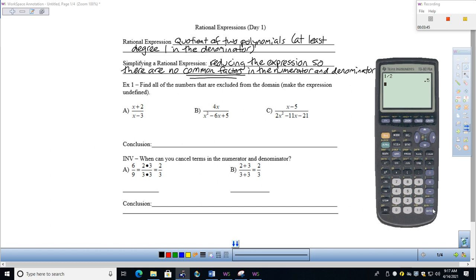The issue arises when I start to incorporate the number 0 in a very specific spot. So if I have 0 in the numerator, no big deal. When I do 0 divided by 1, 0 in the numerator is not a problem because it's going to give me an answer of 0. However, when I have 0 in the denominator, I'm going to have an issue.